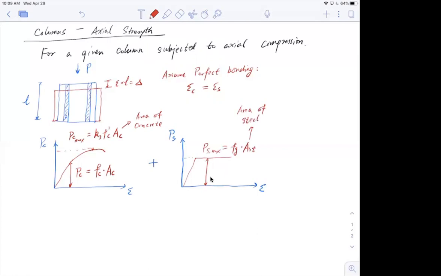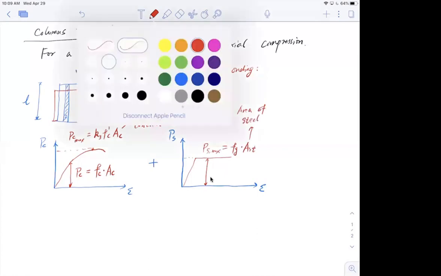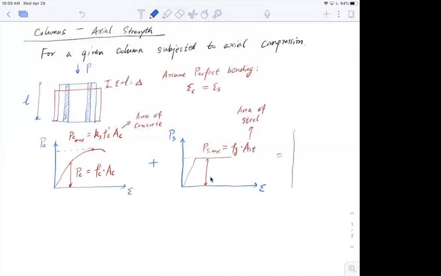Now combine these two, you get the final response of the column. Eventually what you get is the response from the steel plus the response from the concrete, and then you get something like this.